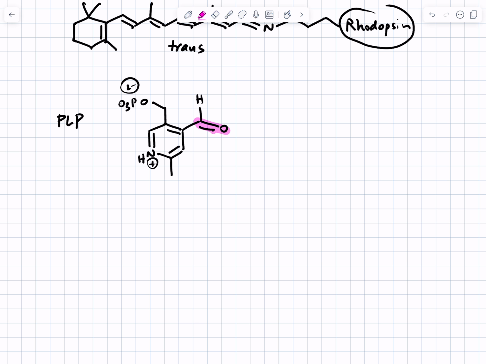And biology uses PLP as a carrier for amines. In particular, it uses it as a carrier for ammonia, or NH3. There are a lot of times where biology needs to move NH3 around, but if you have high levels of ammonia in your blood, that's usually a bad thing.